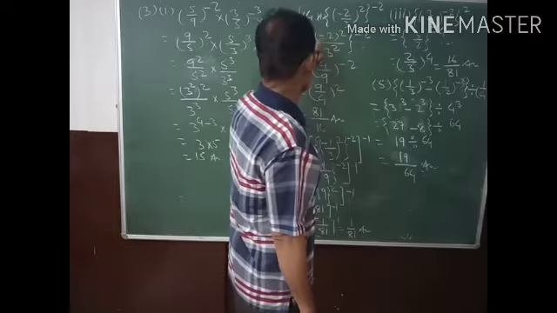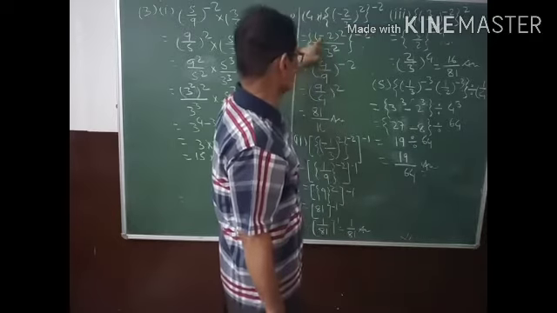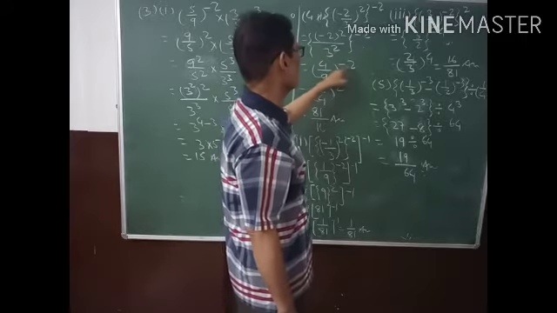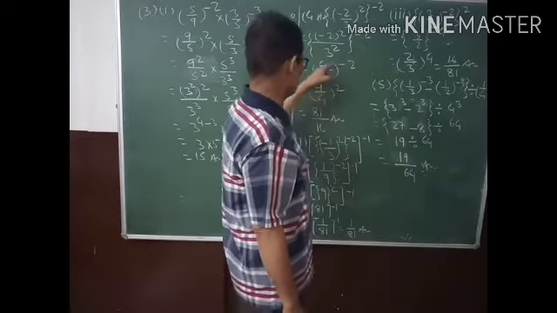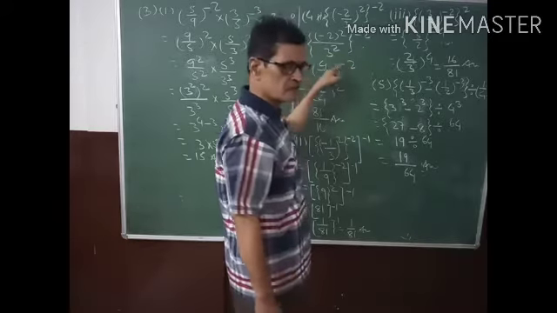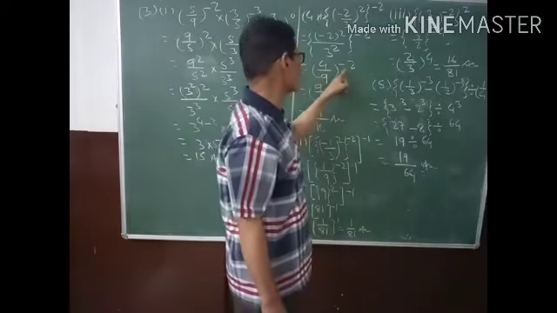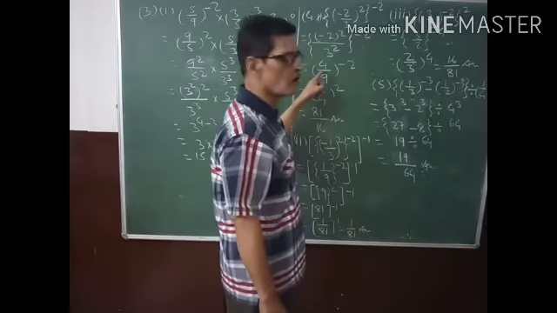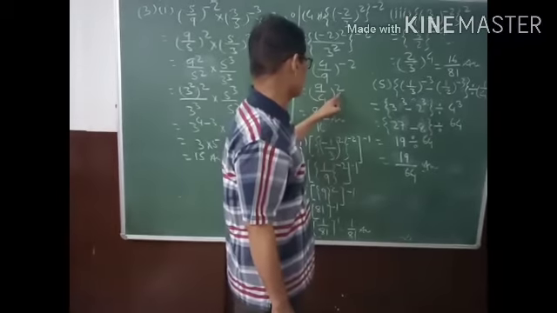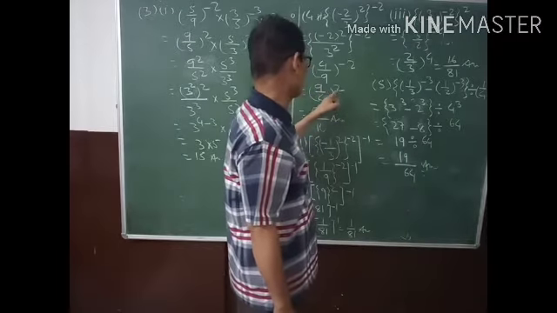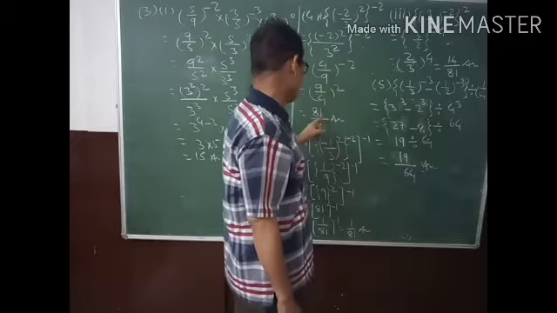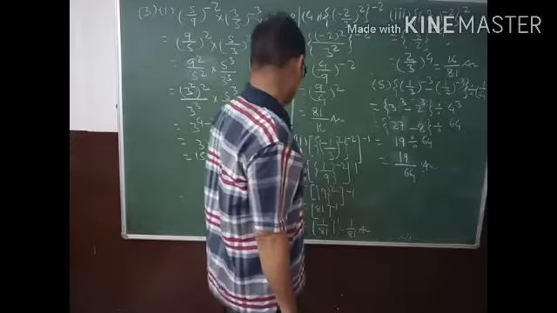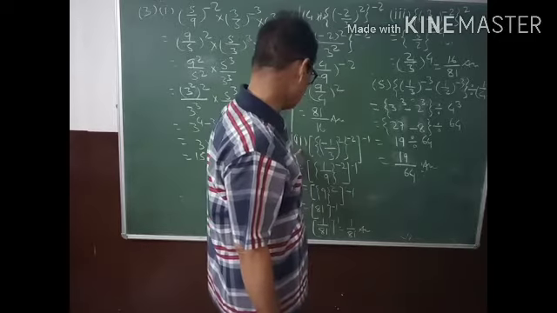This will become minus 2 into minus 2. This will become 4, and this will become 9 to the power minus 2. You can change this negative exponent into positive, and this will become 9 by 4. This is the reciprocal of 4 by 9. This will become positive, and now you can write the value of 9 9 is 81, 4 4 is 16. This is the answer.